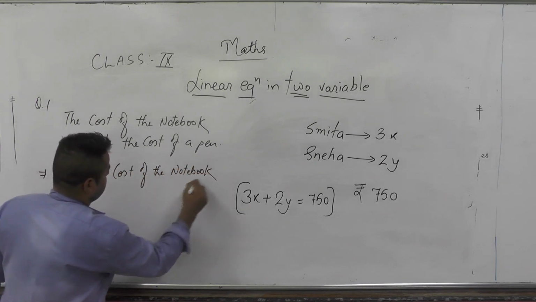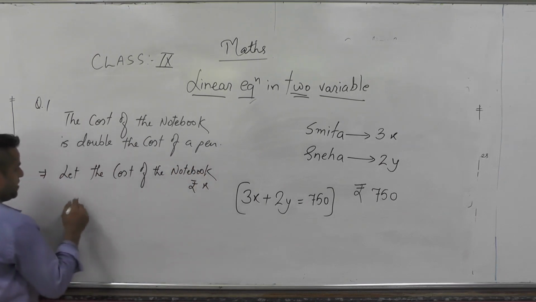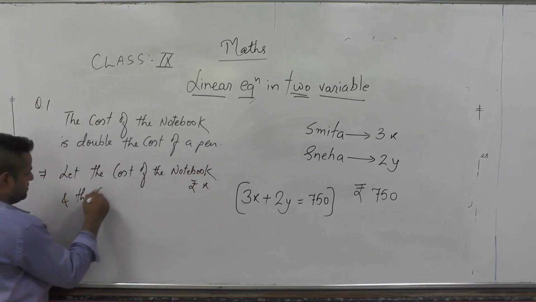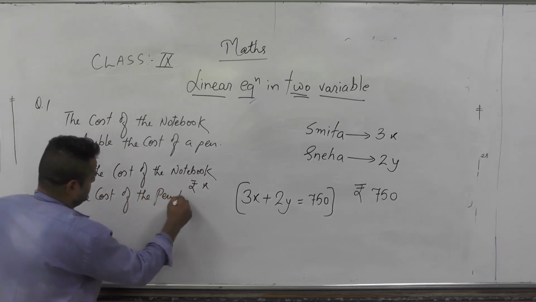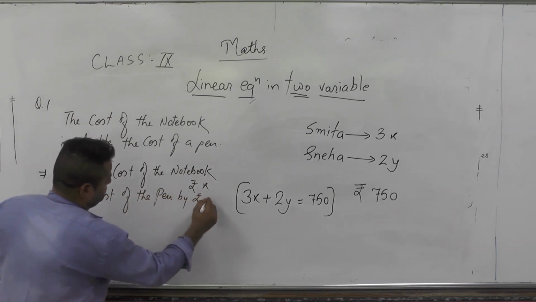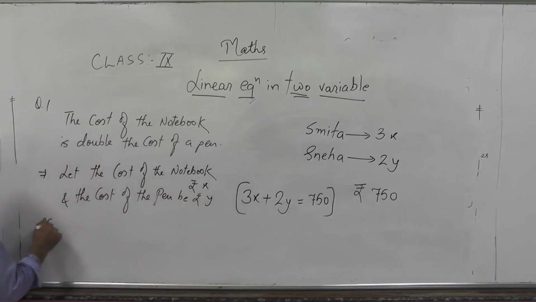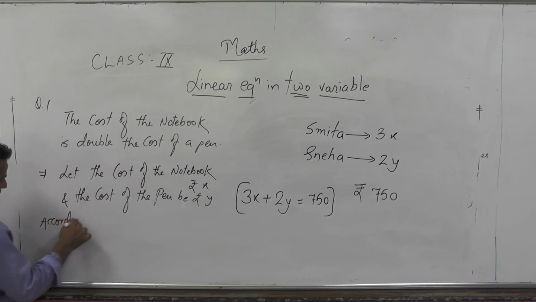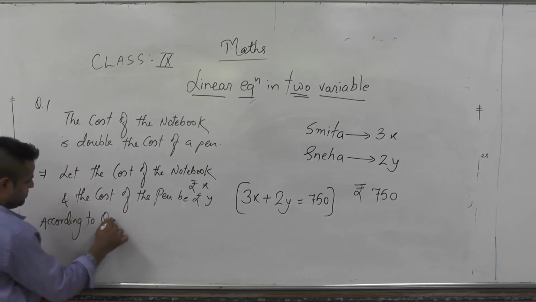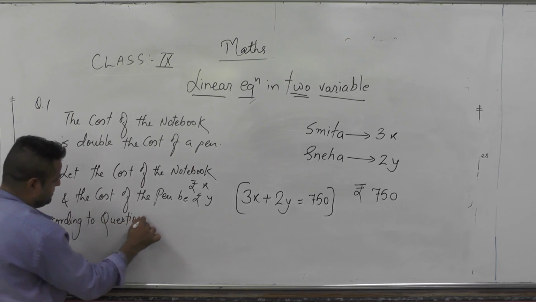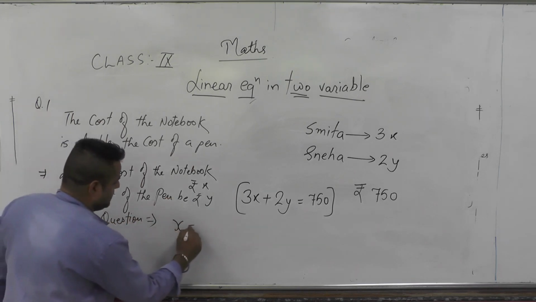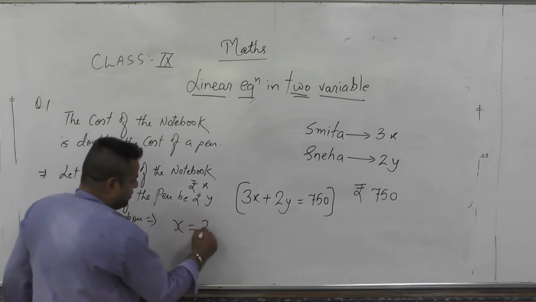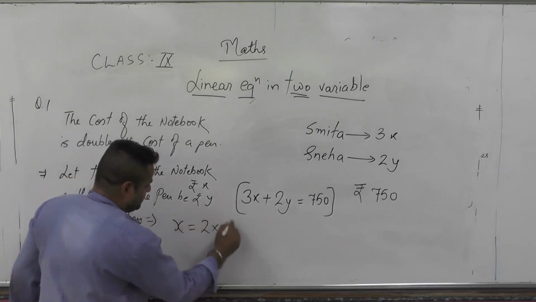be x rupees, okay, and the cost of the pen be y rupees. Now, according to the question, what it says is that the cost of the notebook, that means our x, is equal to double of y, that means 2 into y.